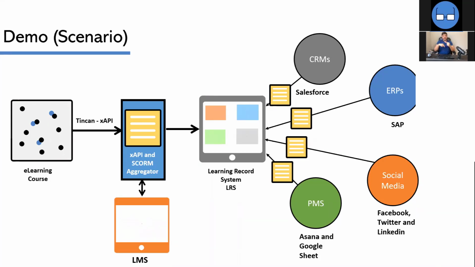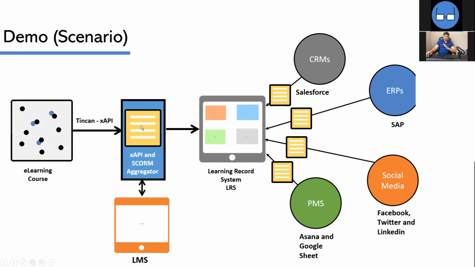Now, if you see this, somebody who is accessing, for example, my learner is accessing the content in xAPI. He will access the course from here. That data will go to the aggregator.